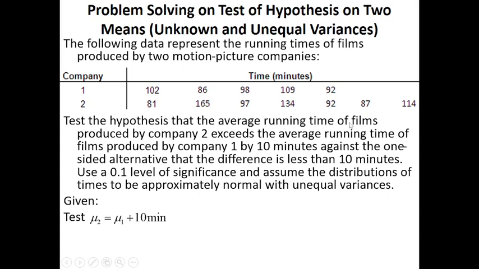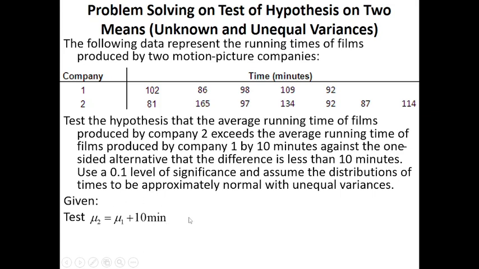The average running time of films produced by company 2, mu sub 2, exceeds the average running time of films produced by company 1 by 10 minutes.